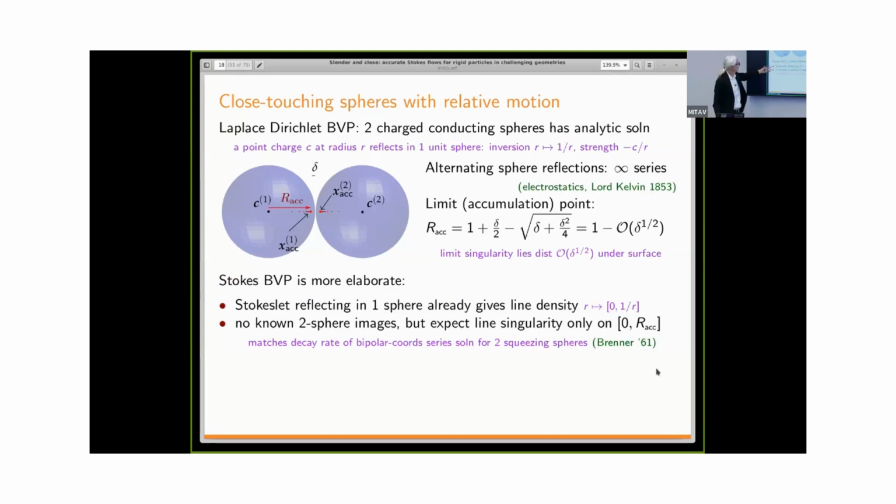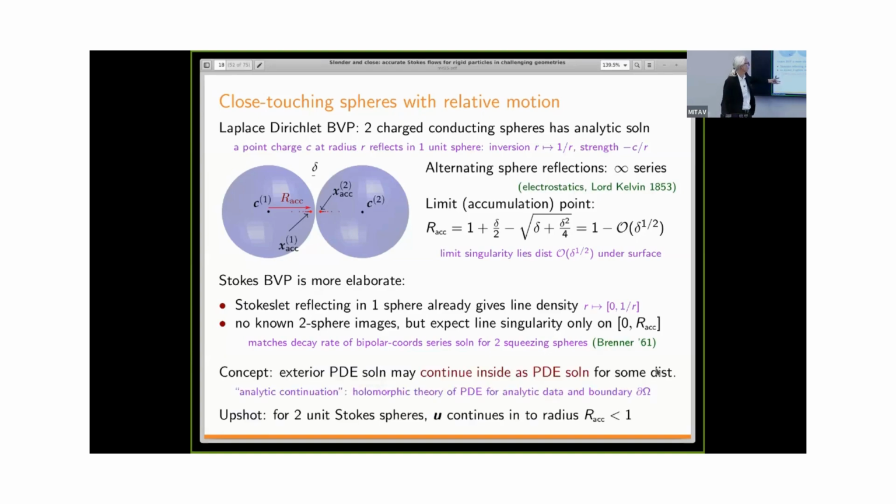And you could say, can we do that for Stokes? Well, it's more elaborate, because when you reflect a point in another sphere with Stokes, you actually get a whole line singularity down to the origin as well. So you're going to get a huge mess. Things are not very well known about that. But the concept we need for MFS is that there is an exterior solution. If the data is analytic and the shape and the surface is analytic, then that can be extended analytically as a solution to the PDE somewhat inside the non-physical domain.